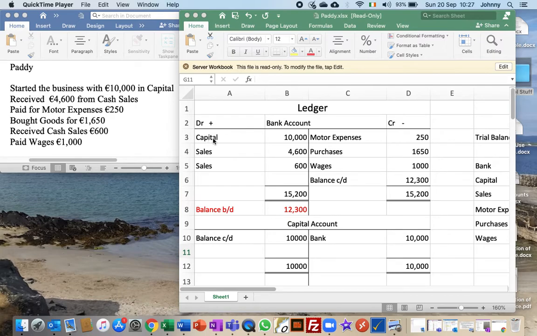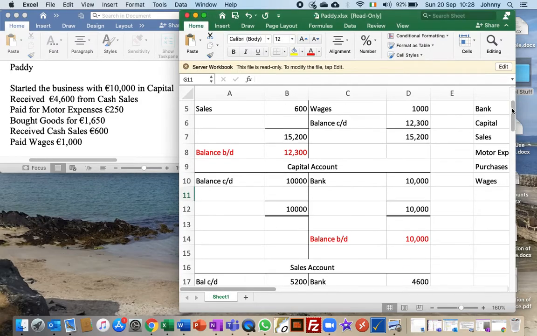So I'm going to make an account called capital, sales, motor expenses, purchases, wages, and I'll put the opposite entry in here. So I've got capital account down here, and I have 10 grand in here, which is that 10 grand up there, and the word I put in details is the name of the other account. So the other account here is called bank. That's why I write in bank.